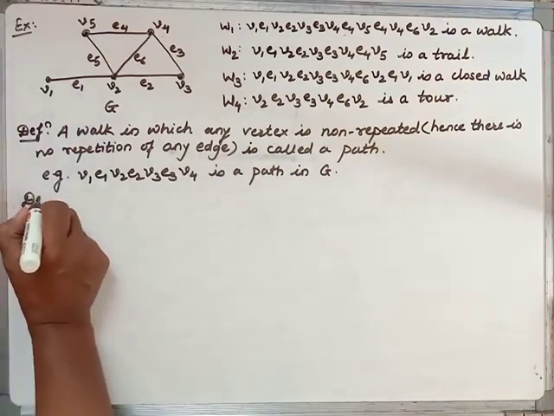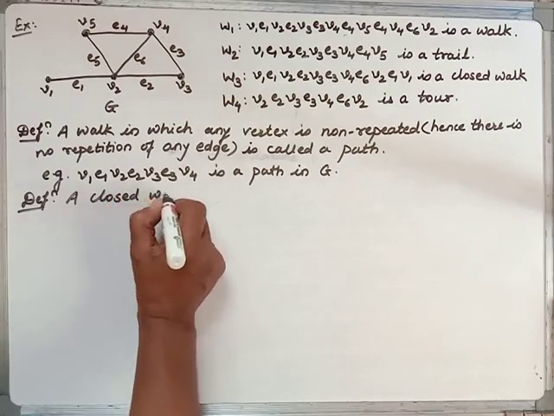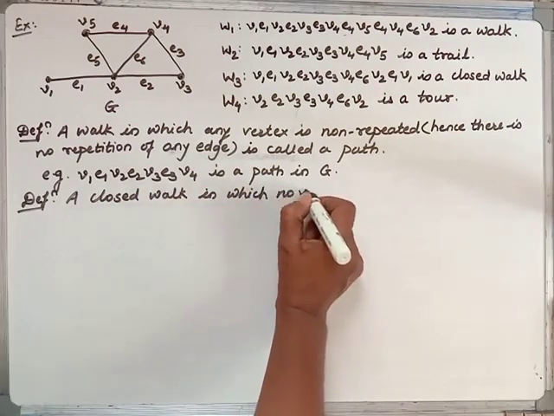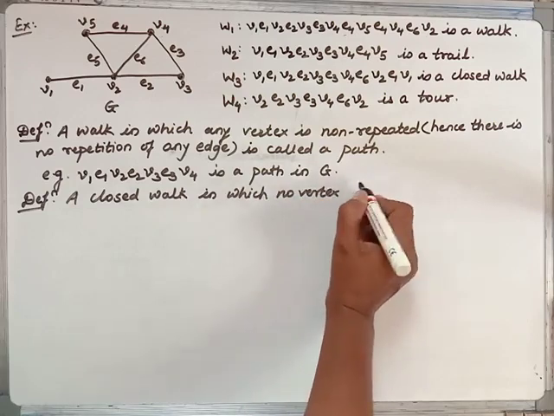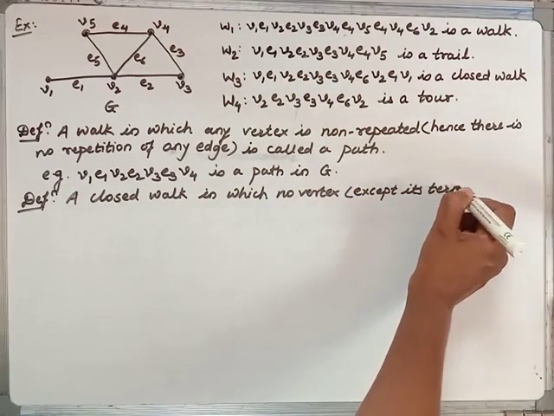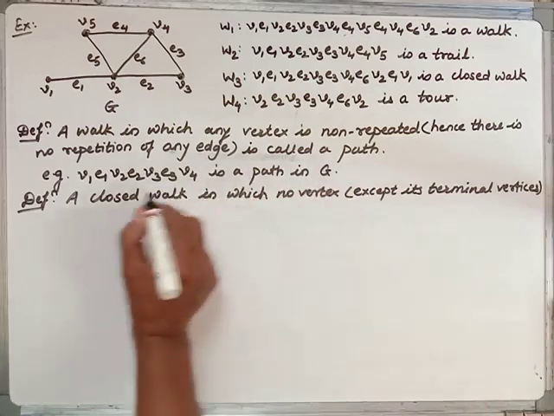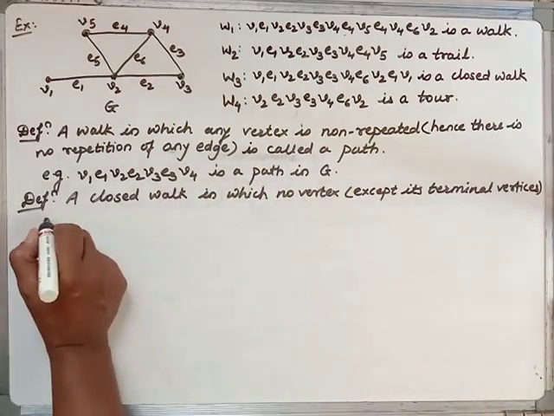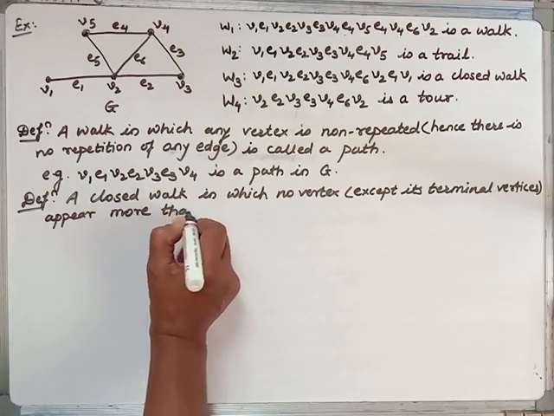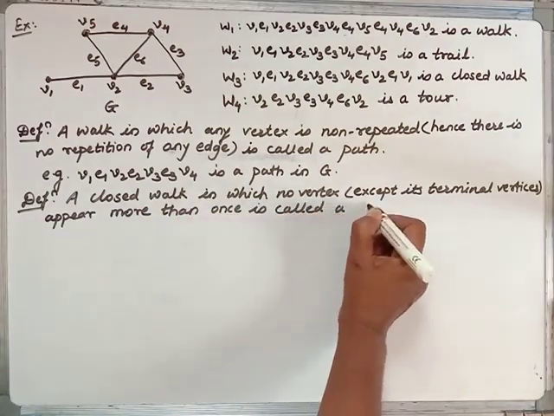Again, another definition: a closed walk in which no vertex except its terminal vertices appears more than once is called a circuit.